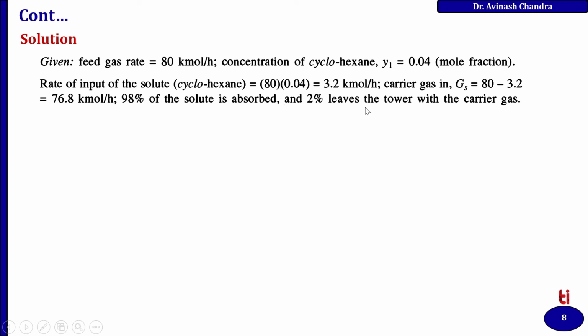Then the remaining 2% leaves the tower with the carrier gas. So capital Y1 equal to y1 upon 1 minus y1, equal to 0.04 upon 1 minus 0.04, equal to this one. So capital Y1 will be this much, and similarly capital Y2 will be this much.